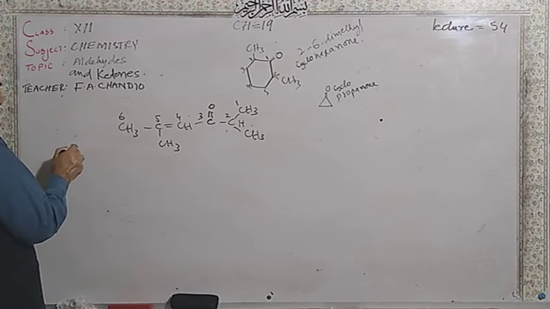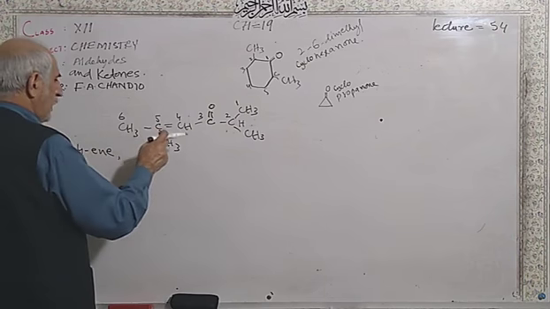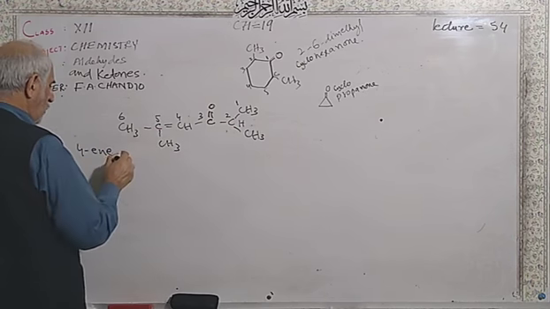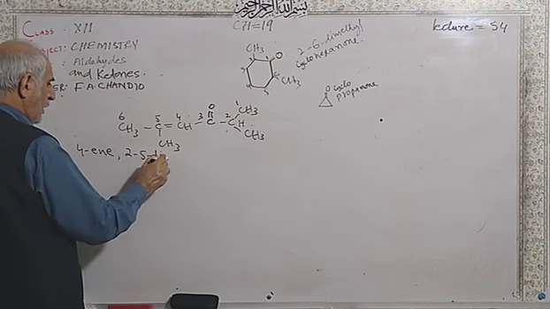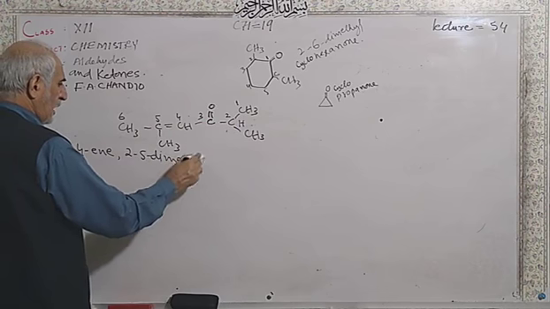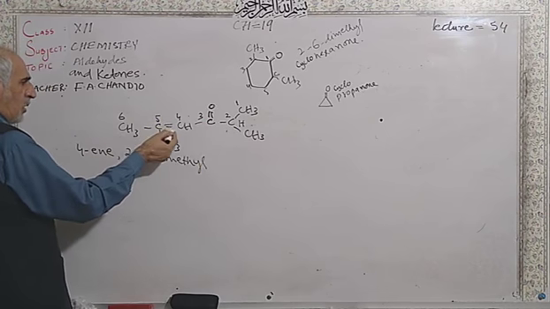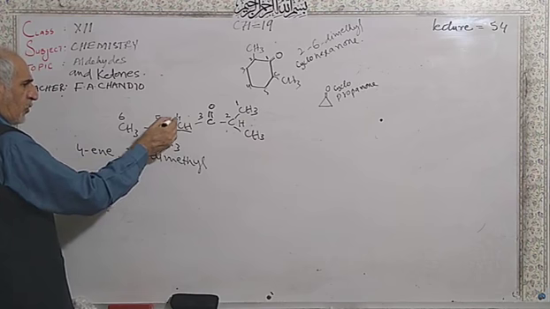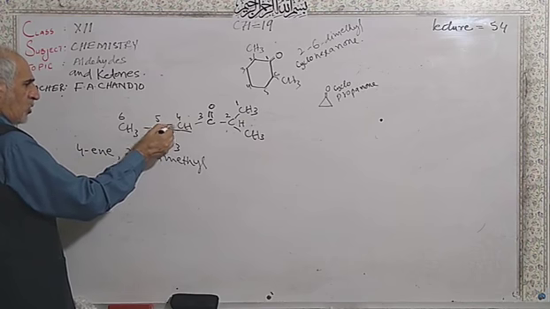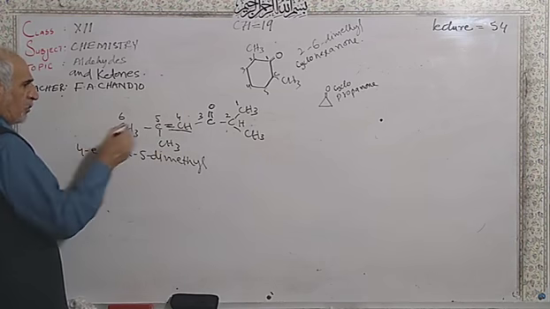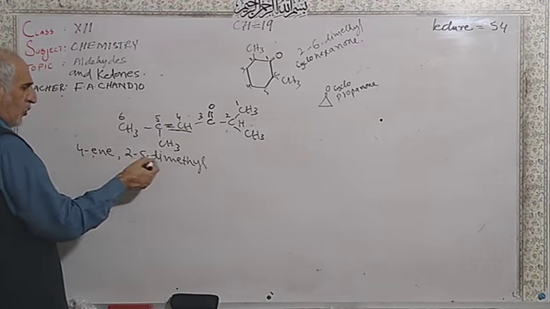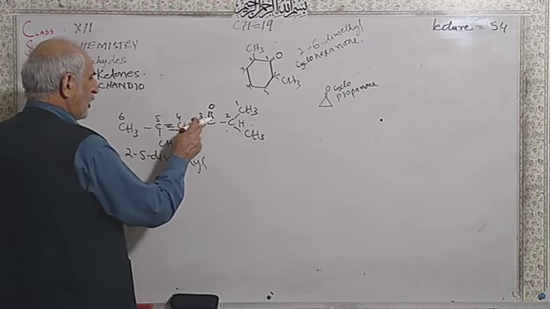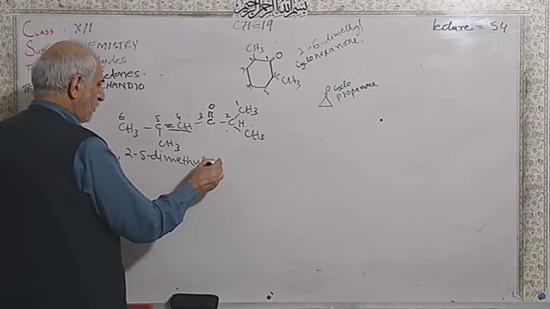So write 4-ene and 2,5-dimethyl. This is a double bond between carbon 4 and 5, so that's why we write 4-ene, with a methyl group on carbon number 2 and a methyl group on carbon number 5, so 2,5-dimethyl, and the functional group is at carbon number 3.